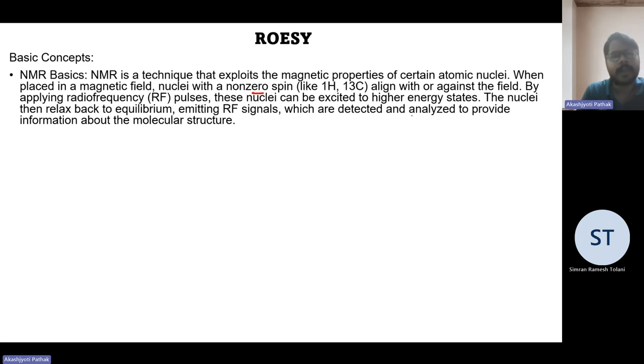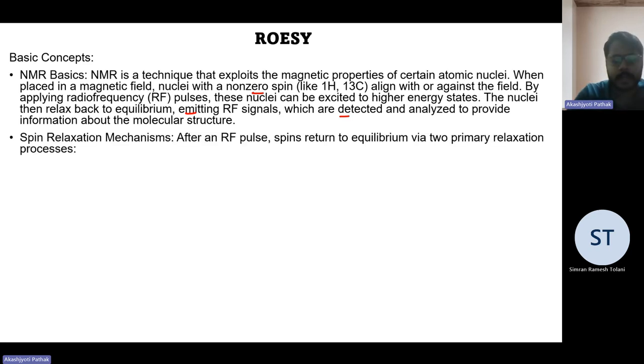When these nuclei relax back to equilibrium, they emit radio frequency signals while returning from the higher spin state to the lower spin state. That signal is detected by the detector, and then it is analyzed to provide information about the molecular structure of that particular sample.